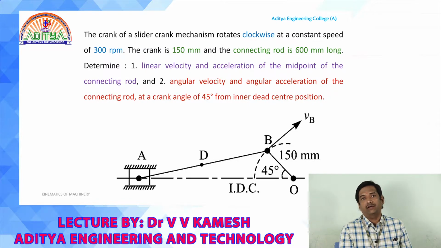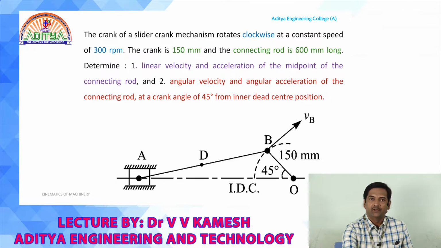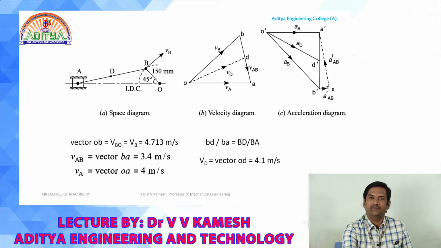Now, what we need to find is the linear velocity and acceleration of the midpoint of the connecting rod and the angular velocity and angular acceleration of the connecting rod at a crank angle of 45 degrees from the inner dead center position. So, the first thing we need to construct is the velocity diagram.